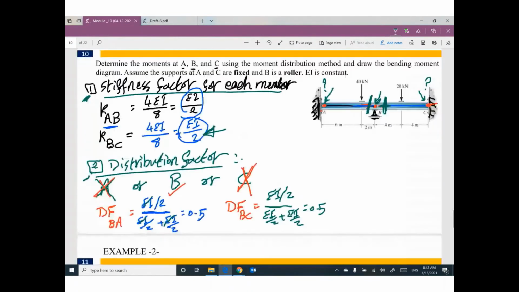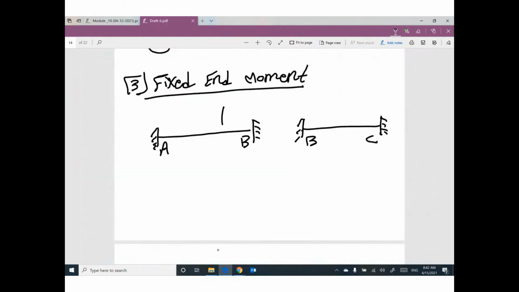Remember, we have two members, AB and BC. So I'm going to assume the first one fixed with this concentrated load 40, and this distance 6 and 2.